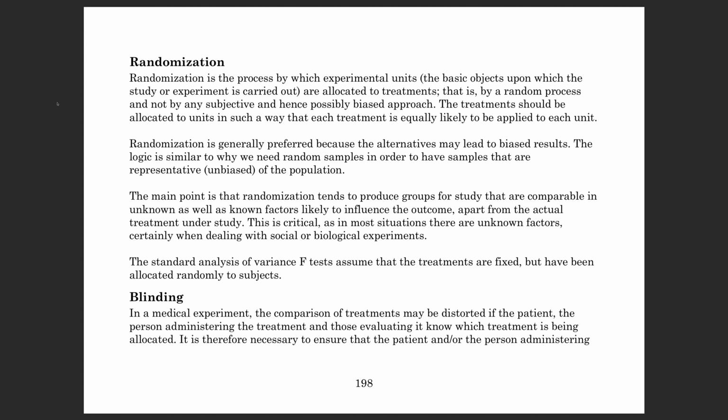The logic is similar to why we need random samples in order to have samples that are representative of our population. So the key point is that randomization tends to produce groups for study that are comparable not only in the known factors, which should be a part of our design, but also in the unknown factors.